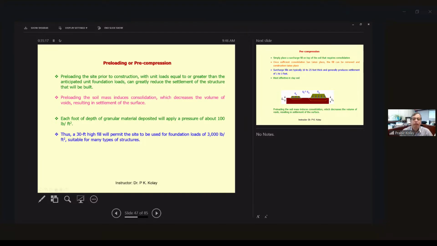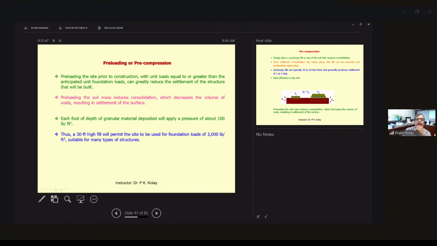Okay, so preloading is basically, you just put a heap of soil into that particular area, and then the clay is going to settle. Because permeability is low, it takes longer time. When the settlement is almost done, then you remove that preload and put your actual structures. So when you put your actual structures, there will be less settlement. There will be no settlements.